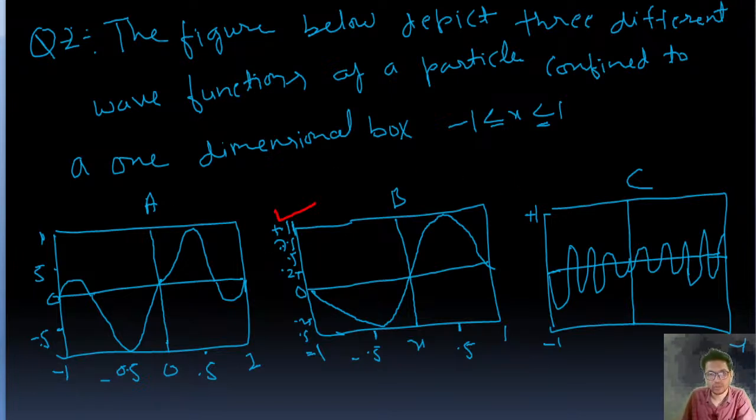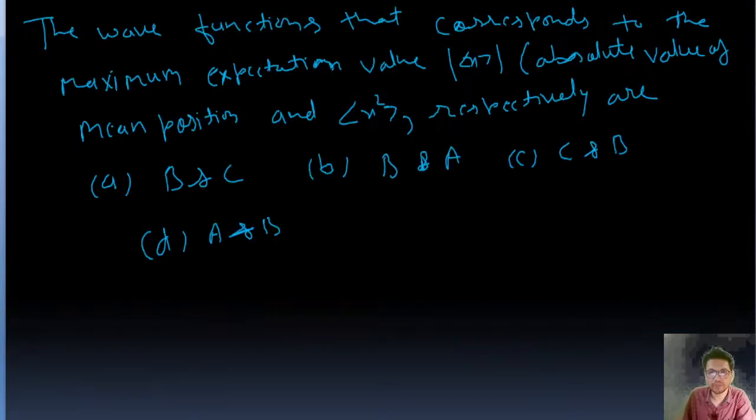So for the expectation value of x square, this curve is correct. B and C are correct. So which option is matching, guys? A, B and C. So this is the answer, guys.